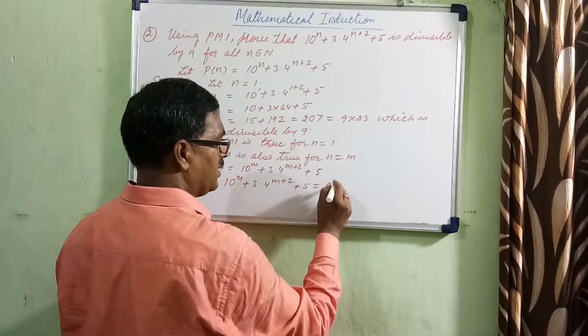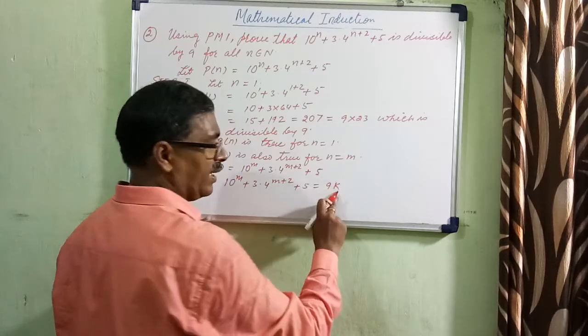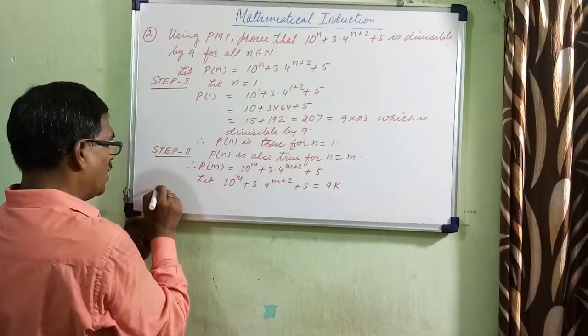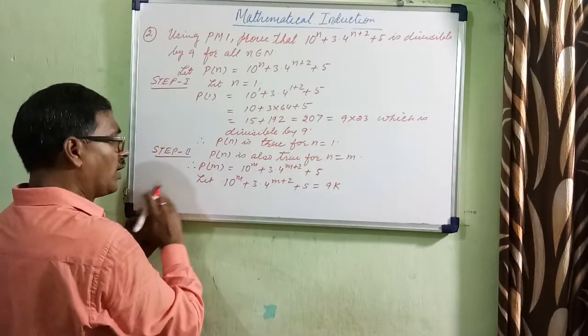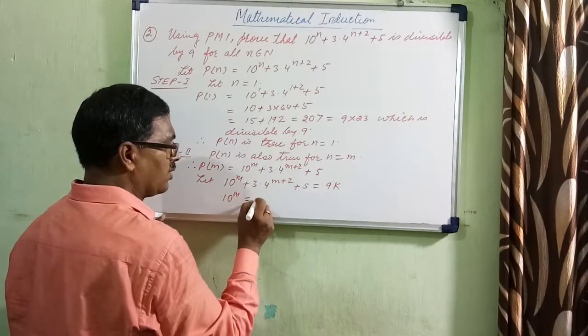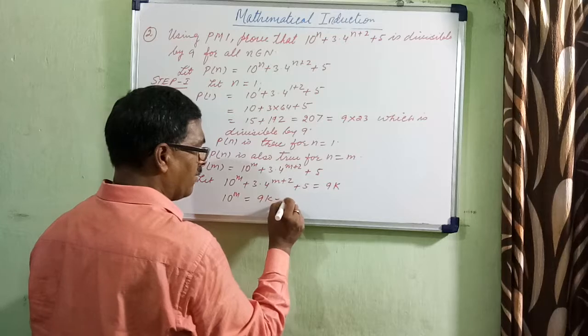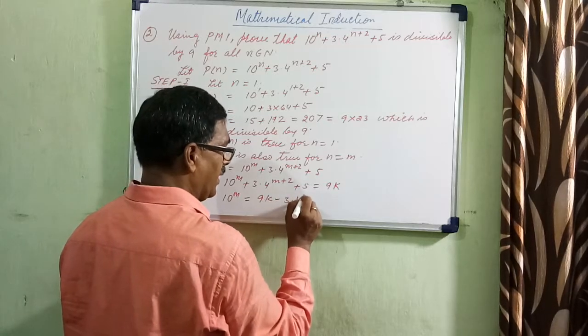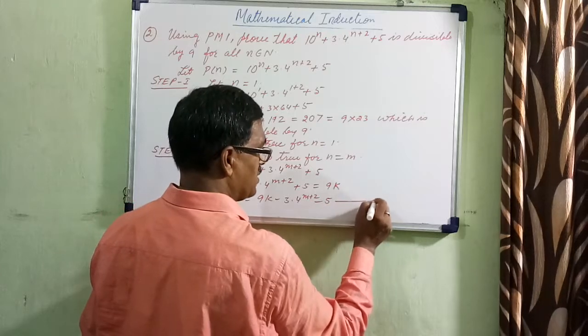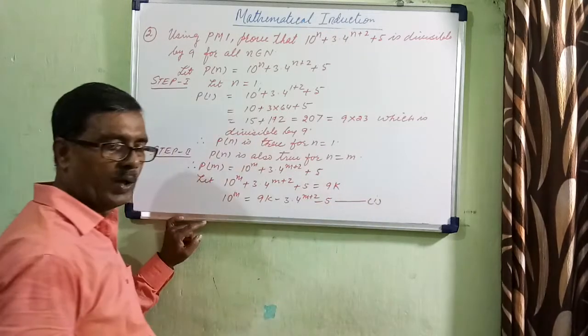Suppose it is 9k, where k is also a natural number, that you have to keep in mind. So now, therefore, what can you find? Here you find the value of 10 to the power m is equal to 9k minus 3 into 4 to the power m plus 2 minus 5, say equation 1.